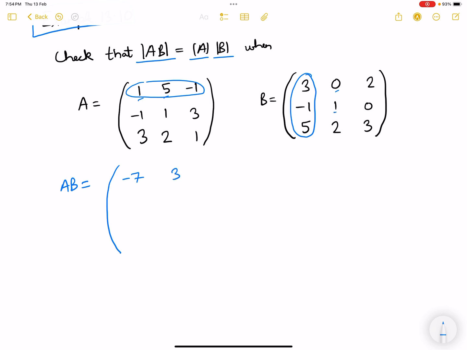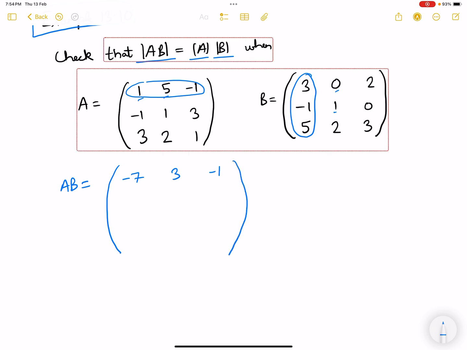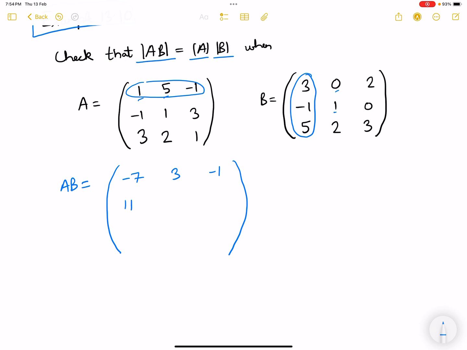The third element would become 2 minus 3, minus 1. Now this would become minus 3 minus 1 minus 4 plus 15, 11, 0, 1 plus 6, 7, minus 2 plus 9, 7, 9 minus 2, 7 plus 5, 12, 0, 2 plus 2, 4, 6 plus 3, 9. So this is AB.